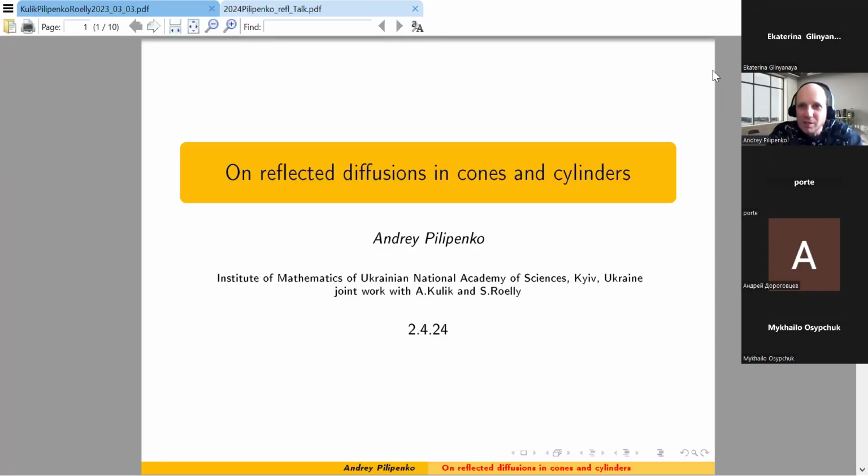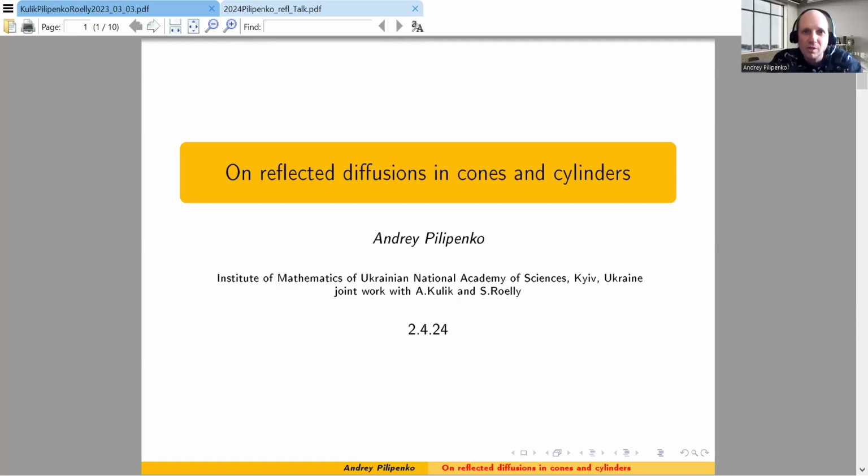Today I will talk about diffusions in cones and cylinders. One of the main questions is the following. Assume that we have a diffusion in some cylinder with reflection at the boundary.